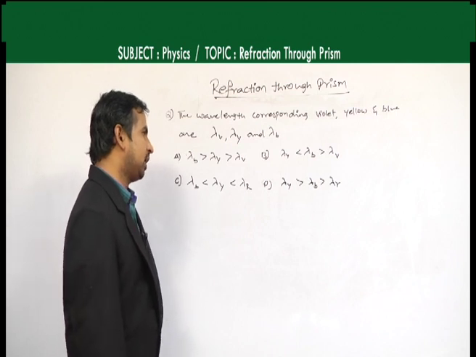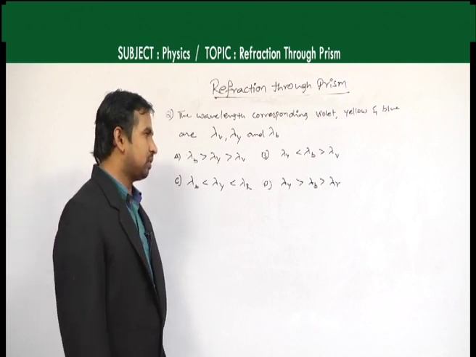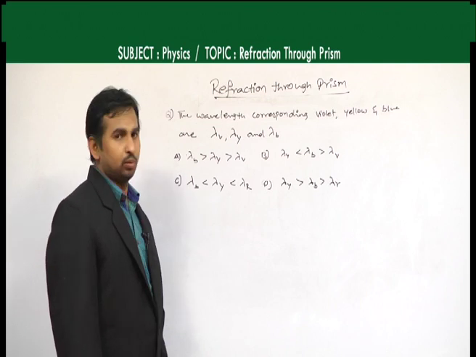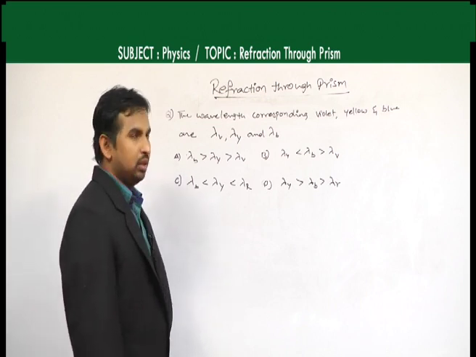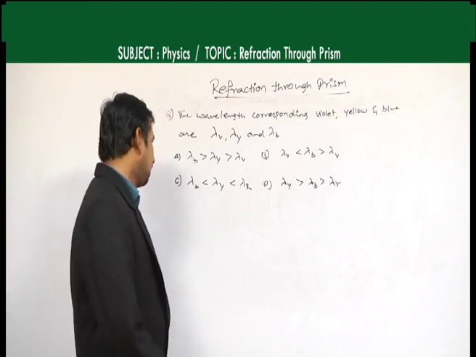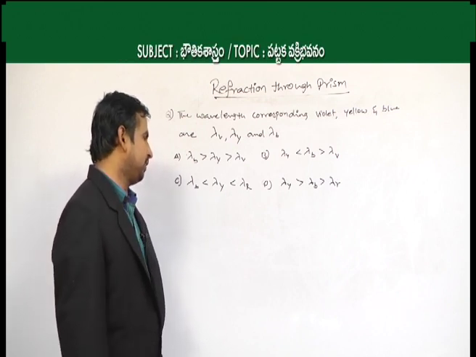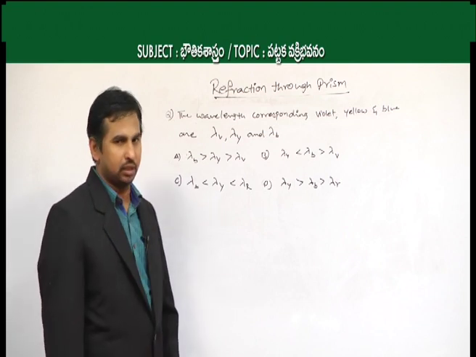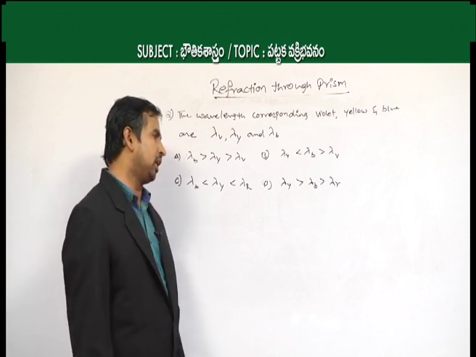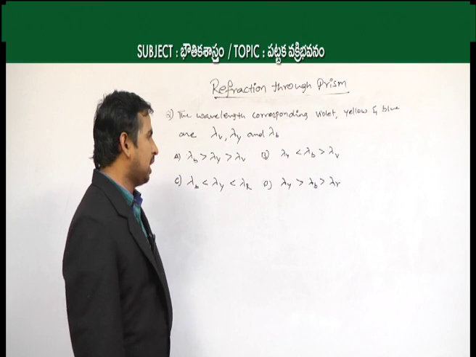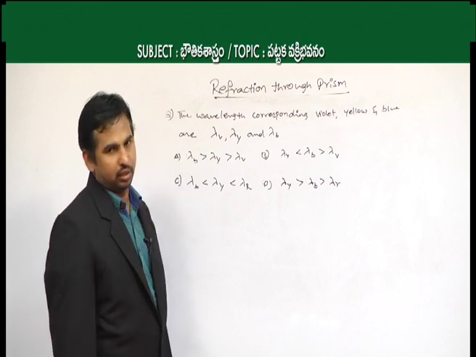Option B: the wavelength of yellow is less than that of blue and greater than that of violet. Option C: lambda b is less than lambda y, which is less than lambda r. Option D: lambda y is greater than lambda b, greater than lambda r.